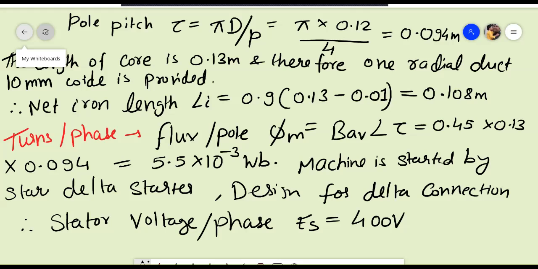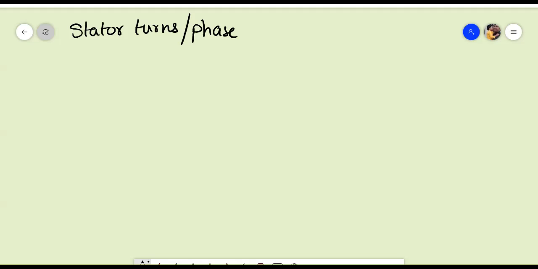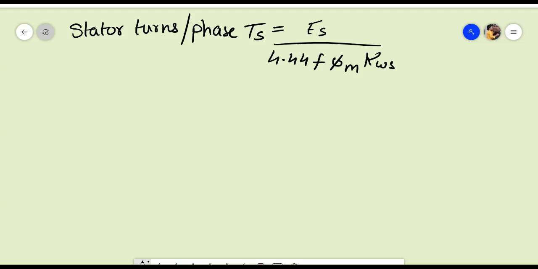Let me take a new page. Okay. So we know that stator turns per phase TS is basically given by the formula ES divided by 4.44 multiplied by frequency multiplied by the maximum flux, multiplied by the winding factor kWs.